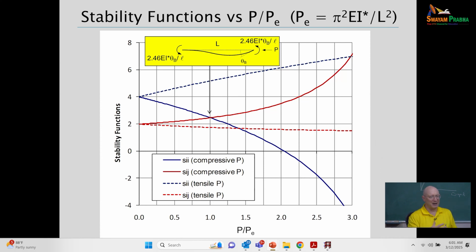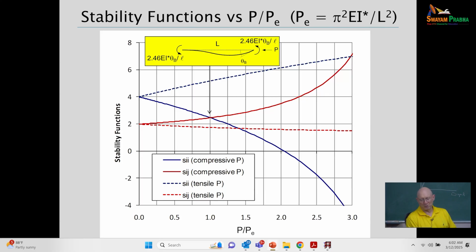In the limit that the axial load approaches 0, SII goes to 4 and SIJ goes to 2. That's just the standard 4EI over L and 2EI over L that shows up with a linear elastic response of frame members. But as I increase the axial compression, those coefficients are changing.